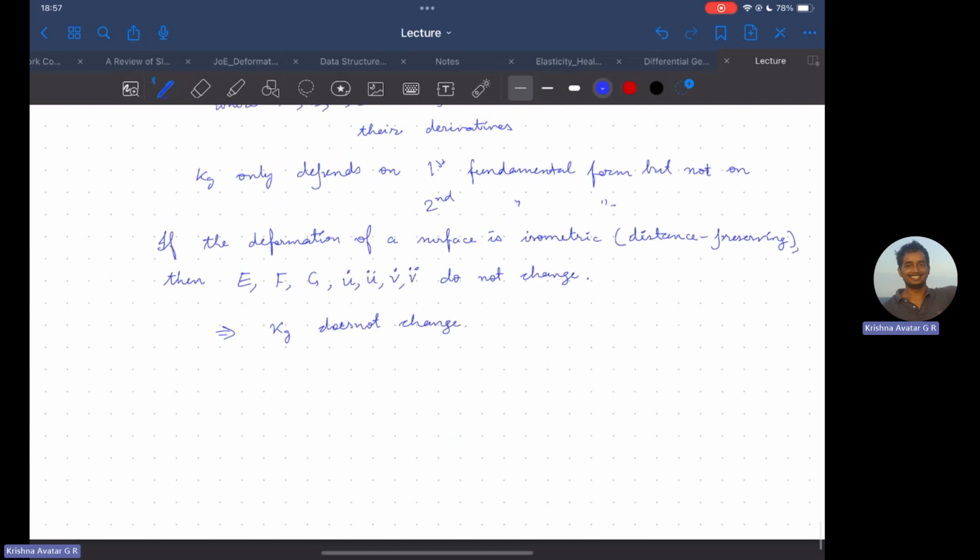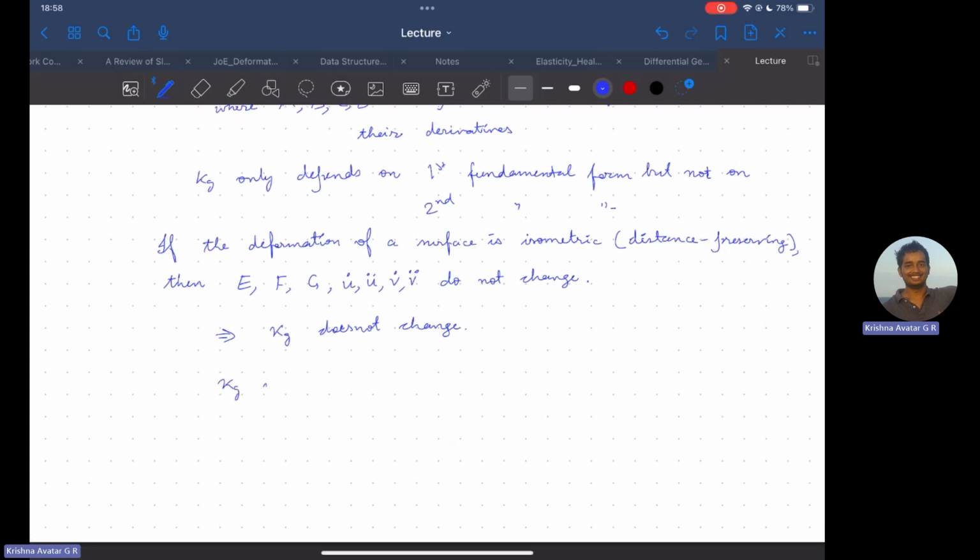And so kappa G is an intrinsic curvature, right, because it's very intrinsic to the surface. It does not change despite deformation, provided that it's an isometric deformation, right?